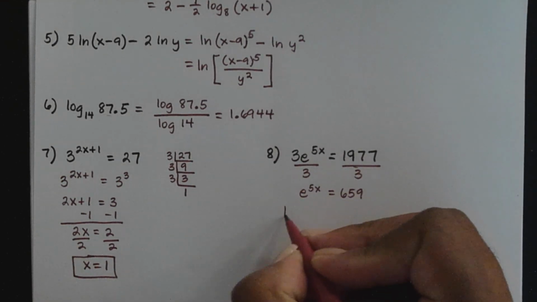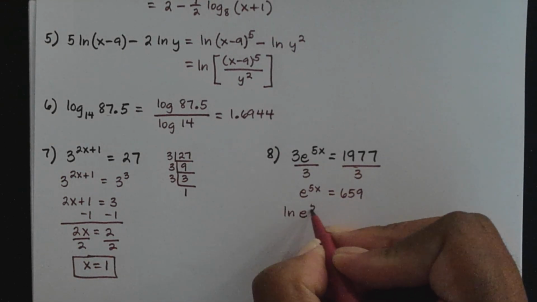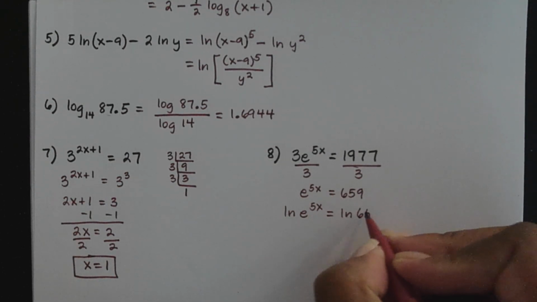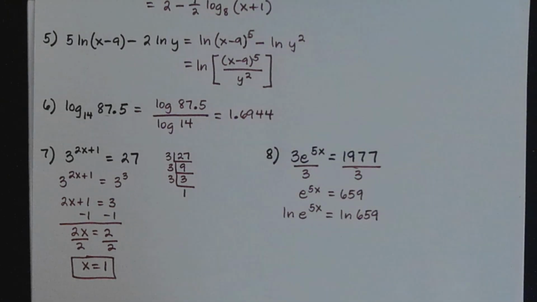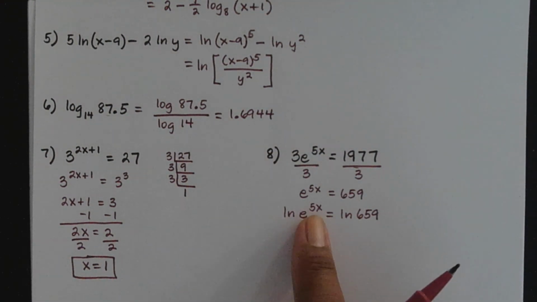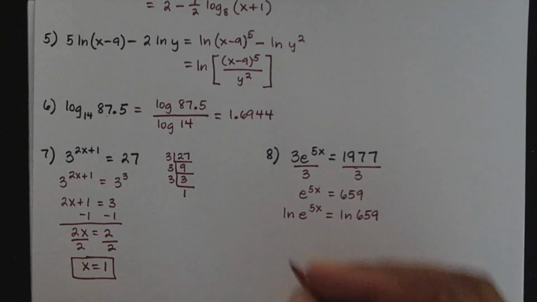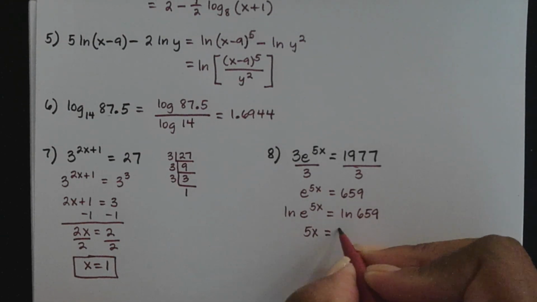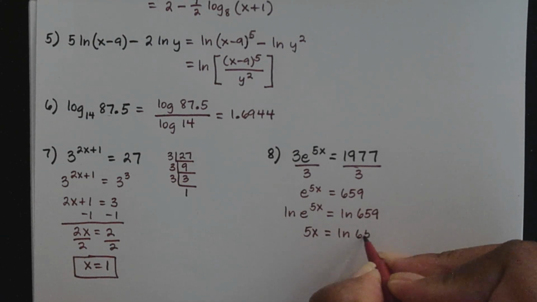So let's go ahead and take the natural log on both sides of this equation. Okay. And ln of e to the 5x is what? 5x. Ln and e, again, are inverses of each other. So I can say 5x is equal to ln of 659.